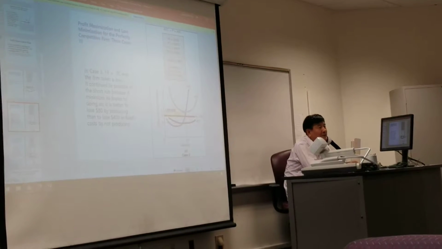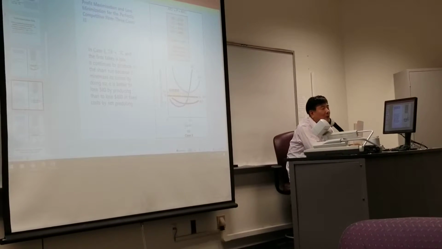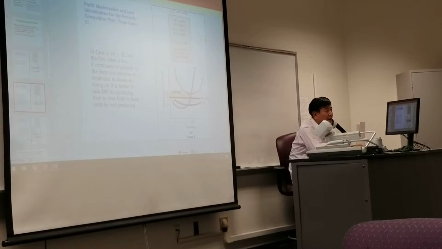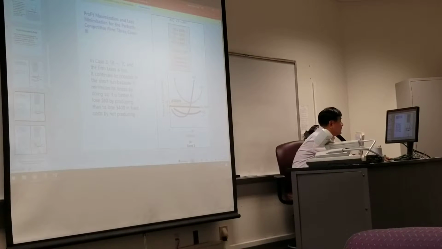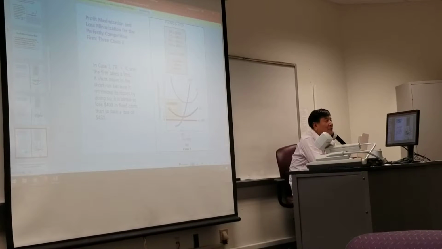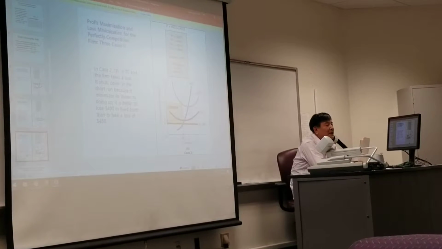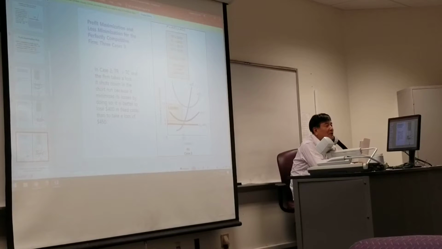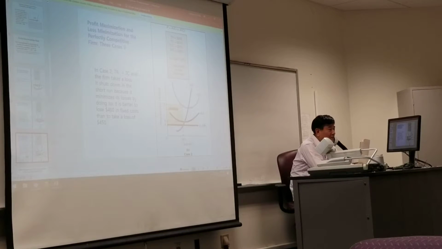Still, the staying loss is smaller than the shutdown loss, or fixed cost. You're going to stay. But in this case, the price below AVC, now you're losing too much. The loss is bigger than the shutdown loss, or fixed cost. You better shut down. Okay?